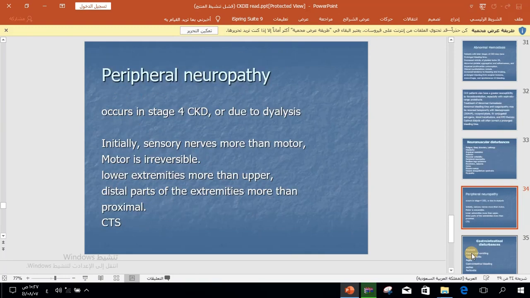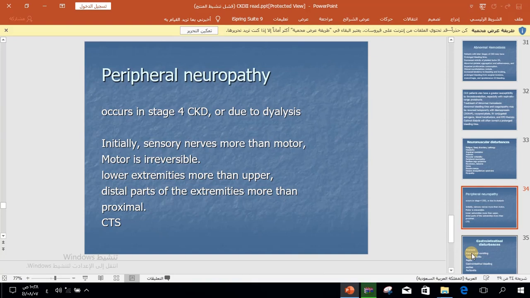Peripheral neuropathy occurs at stage 4 and 5, and it can be due not only to CKD itself but also to dialysis, as in dialysis there is accumulation of amyloid protein in the nerves, and this leads to neuropathy. Initially in CKD the neuropathy is sensory more than motor, which is reversible, but once it is motor, it is irreversible.